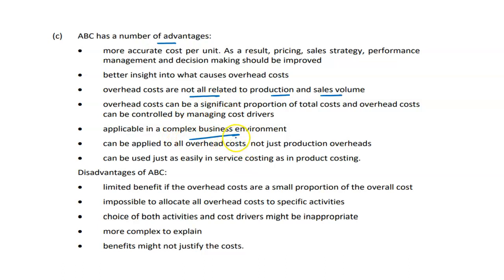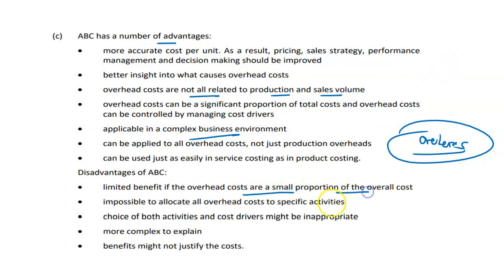It's very unique, but it's costly to set this up, right? So there must be a cost benefit analysis. Now, here's the thing. If overheads are small, very small, then you could just apportion them using the cheaper method of traditional absorption costing. If they're a small proportion, you can just do that.